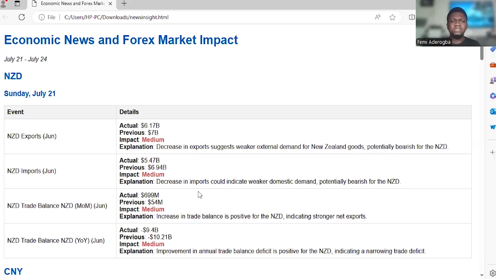So now, what is the intelligence I can give here? The first intelligence is that when you want to trade and determine where the market should go, the first thing is to look for a currency apart from USD that has all positive news. Then again, look for another currency outside dollars that has negative news.